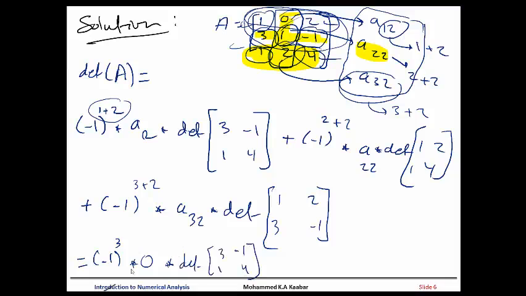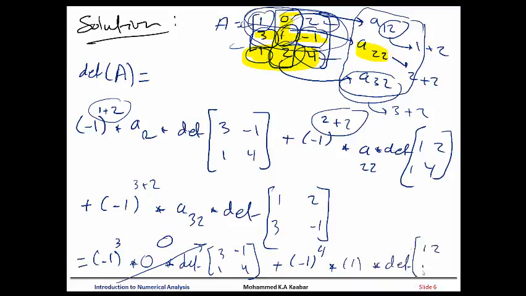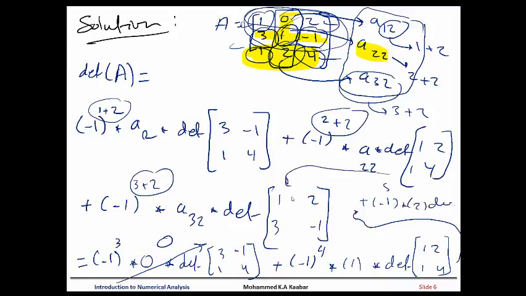This is 0, which means this is ignored. 0 plus minus 1 to the power 4 times A22, which means 1, times the determinant of 1 4 1 2, plus minus 1 to the power 3 plus 2, 5, times the element 32, which means 2, times the determinant of this one.